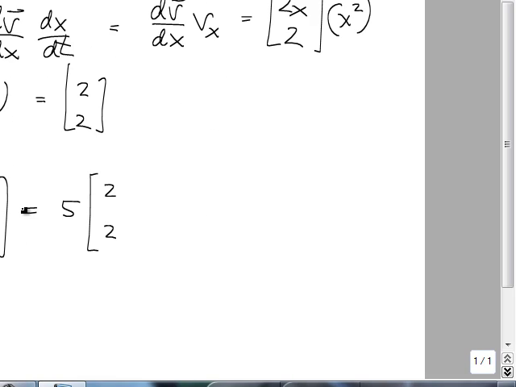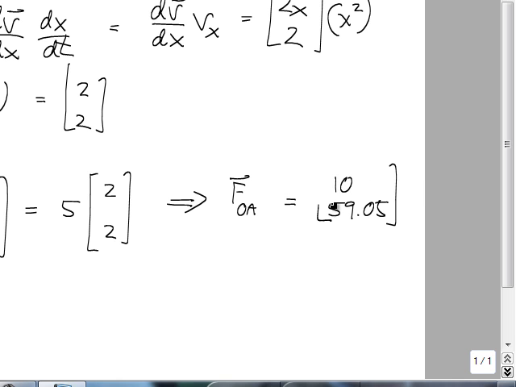The acceleration vector is 2, 2. And so you come up with this force vector F_OA equal to positive 10 newtons, positive 59.05 newtons.